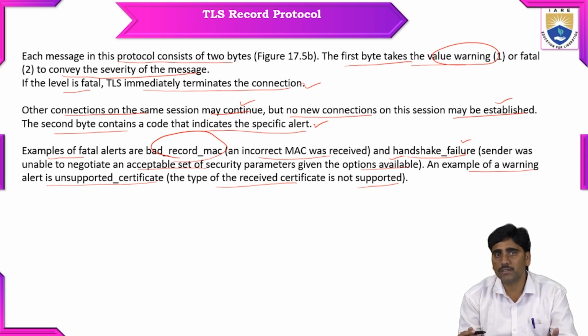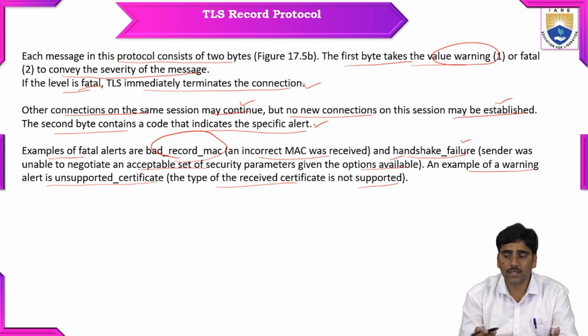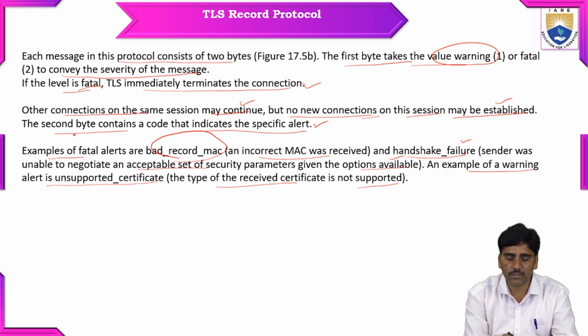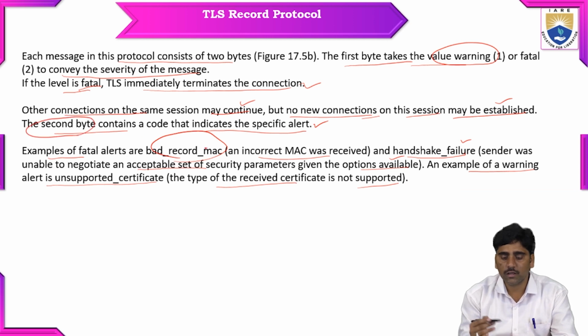So from that figure we understand that the first byte takes the value of warning or fatal. If the level is fatal, TLS immediately terminates the connection. Other connections on the same session may continue, but no new connections on the session may be established. And the second byte contains a code that indicates the specific alert.